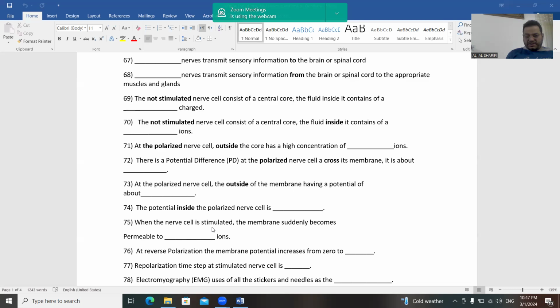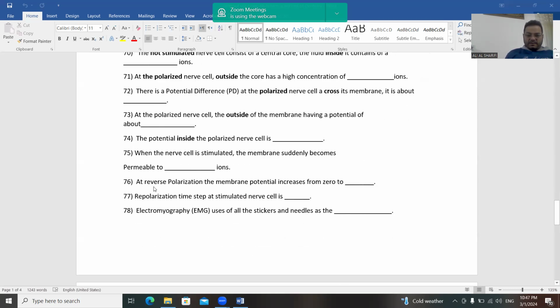When the nerve cell is stimulated, the membranes suddenly become what? Permeable to what? The reverse polarization, the membrane's potential increases from 0 to what? Repolarization time step at stimulated nerve cell is.